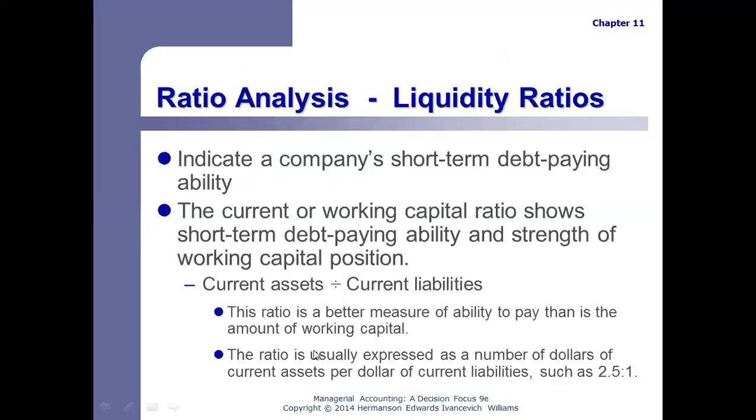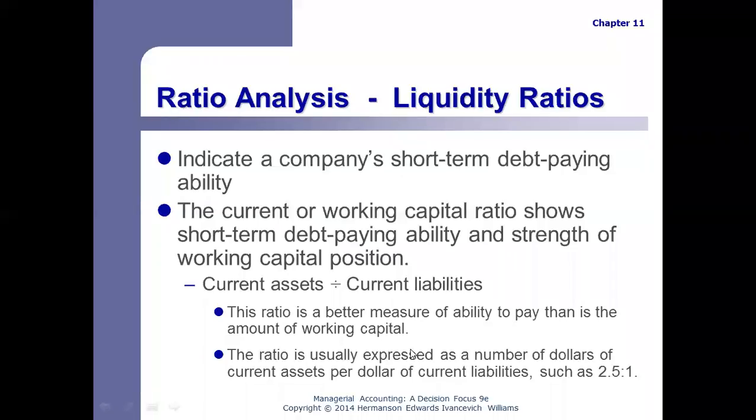One of the more common ones, and you've learned this in your MBA610 class, is the current ratio. Your current assets, that's assets that will either be converted to cash or used up within a year, divided by current liabilities. Current liabilities are amounts of money that you owe to others that need to be paid within a year.